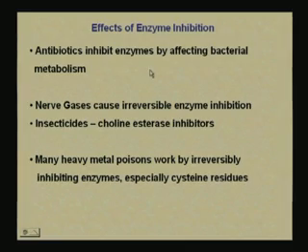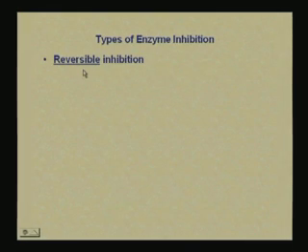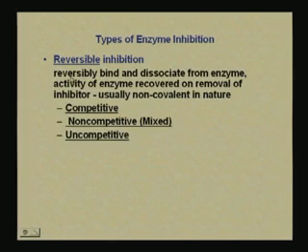Okay. So, how do we study enzyme inhibition, or what are the different types of enzyme inhibition? Actually, there are two different types. We have reversible inhibition. Now, reversible inhibition can be of three types. In reversible inhibition, as the name implies, the inhibitor can bind and dissociate from the enzyme.